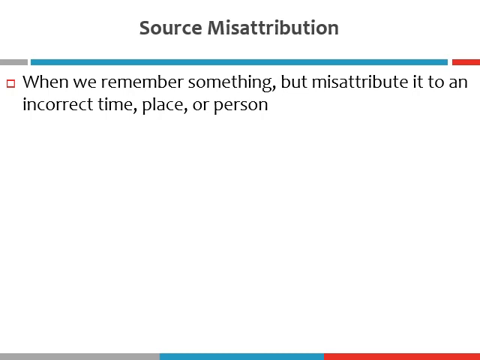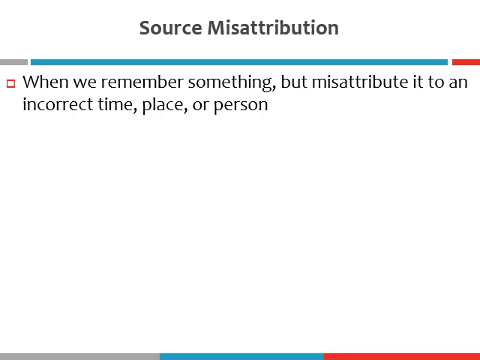Okay, so with misattribution, essentially what's happening is we're able to recall something, but we attribute it to the wrong source. Okay. So one example of that might be if you think about a particular fact that you've learned, you might remember it as something that you heard in lecture, when in actuality you read about it in the textbook, right?